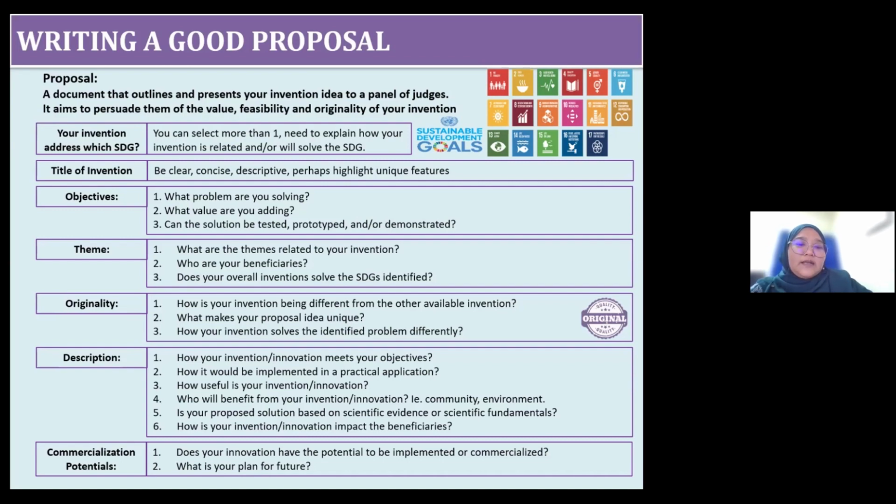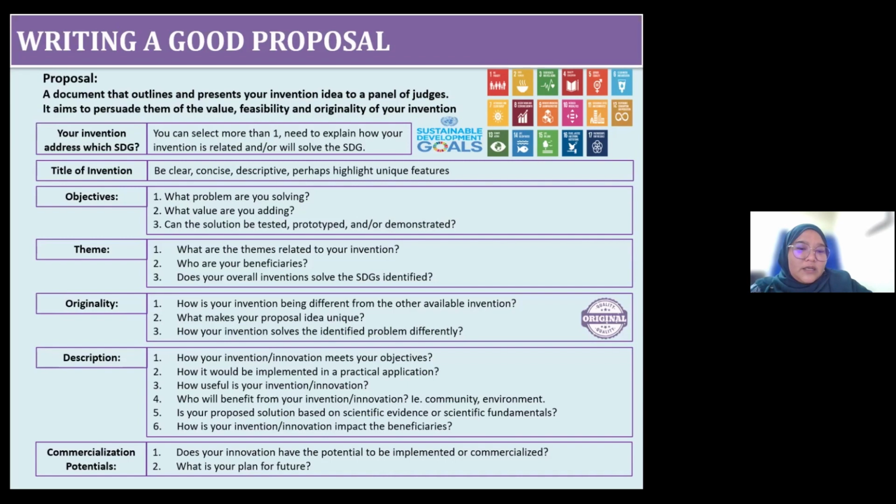Then next, in the proposal, you have to tell us the originality of your invention or your innovation. For example, the questions ask how your invention is different from other available inventions, what makes your proposed idea unique, and how your invention solves the identified problem differently.